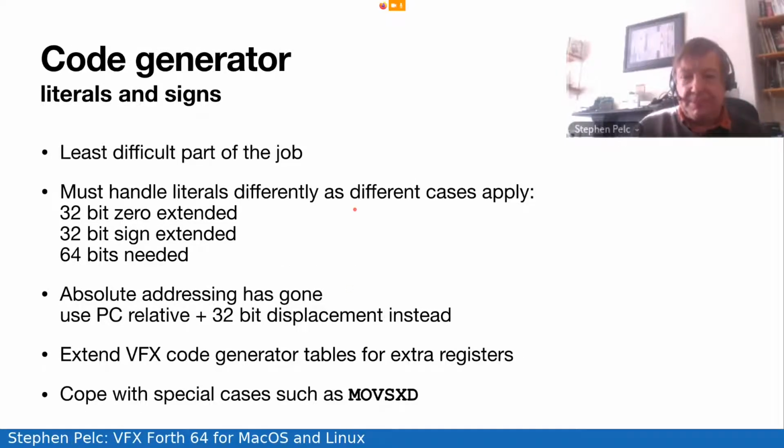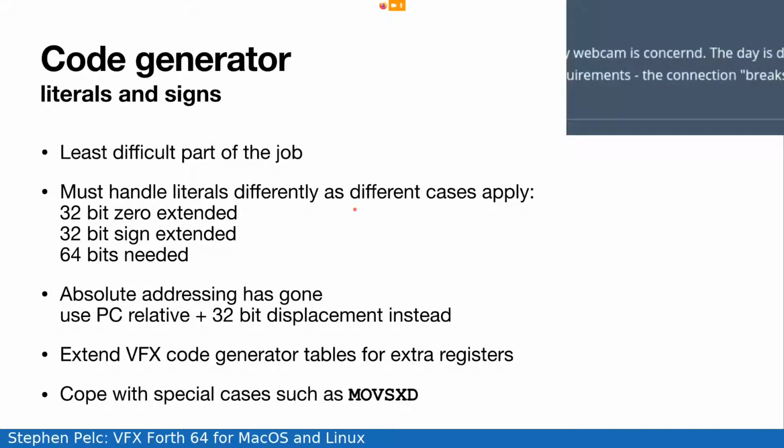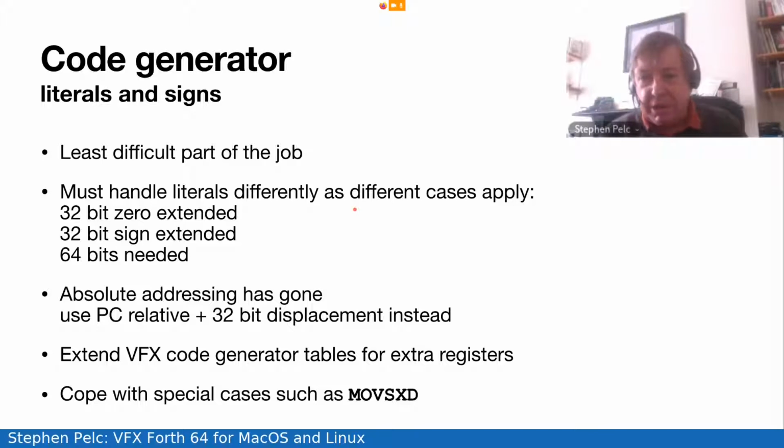So the code generator followed on from once you've got an assembler and a disassembler, you can test the code generator. That was actually the least difficult part of the job, because by the time you've done the assembler, you know what's going to bite you, and the literals really become the place of pain, because you now have 3 different cases: literals that can be 0 extended at 32 bits or less, literals that can be sign extended at 32 bits or less, or we really need 64 bits.